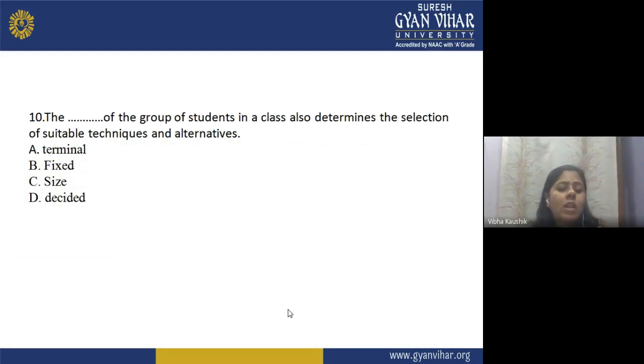Now the last question. The dash of the group of students in a class also determines the selection of suitable techniques and alternatives. They are saying that the dash of the group of students in a class will also play an important role in determining the selection of particular techniques or alternatives available.